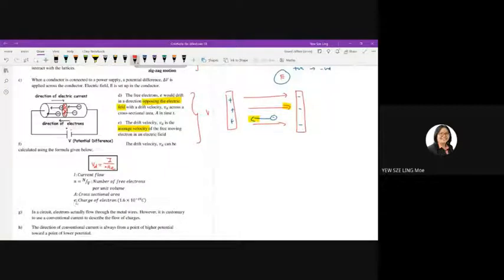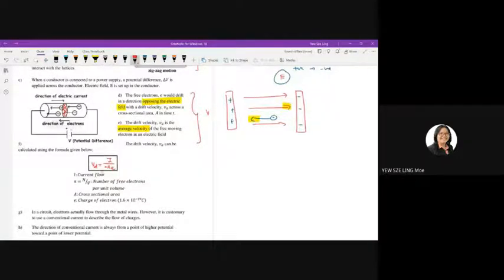Therefore, this e can also be known as the charge of electron. But when it comes to the list of constants in your exam, e actually represents the charge of elementary particles, the elementary charge.